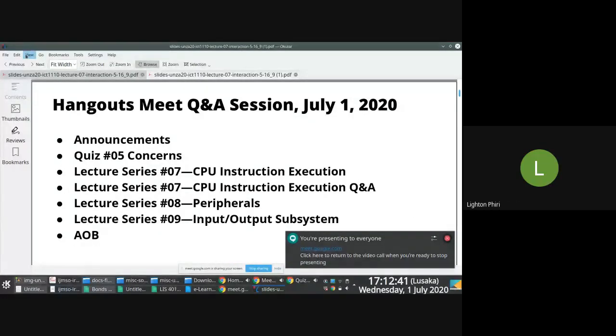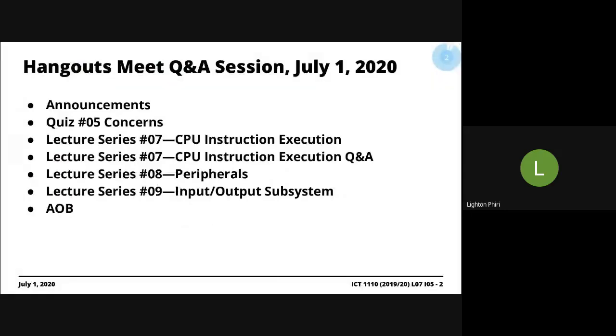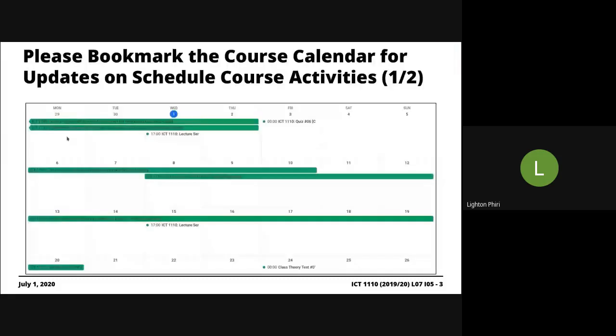So I was saying, for those of you that have not bothered to access the course calendar, or to access activities, because the calendar is actually synchronized on the Moodle, what you will notice is that we have a couple of key activities scheduled in the next coming days or next coming weeks.